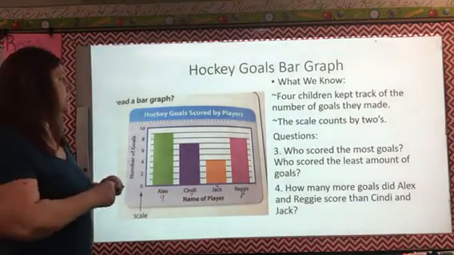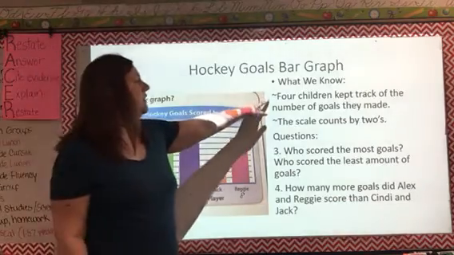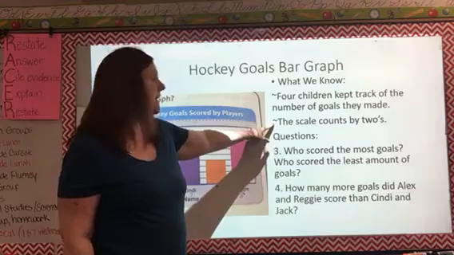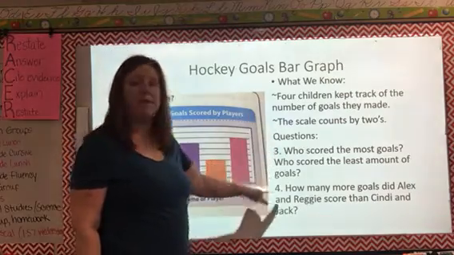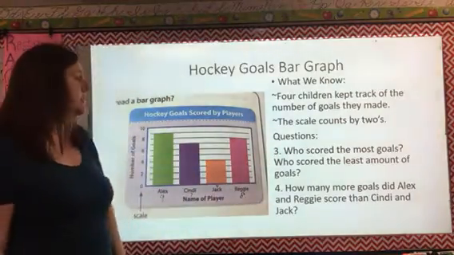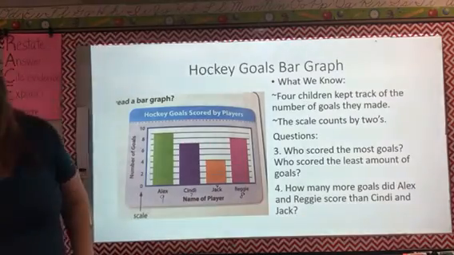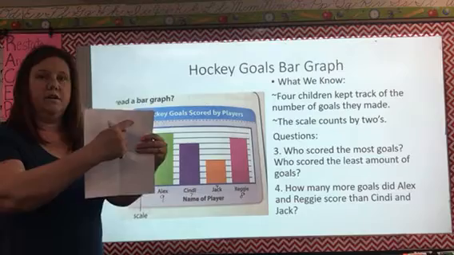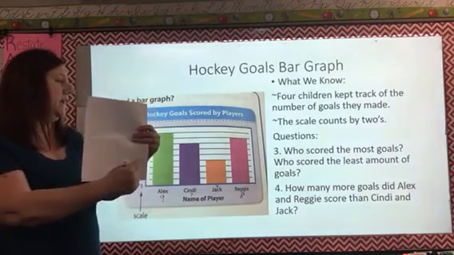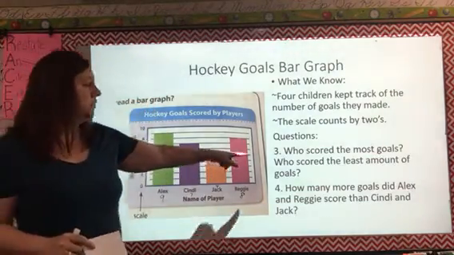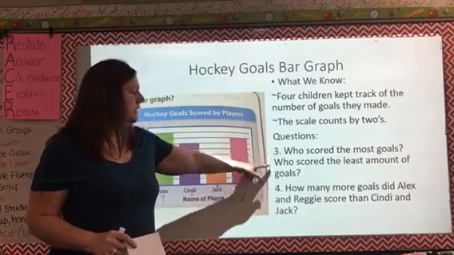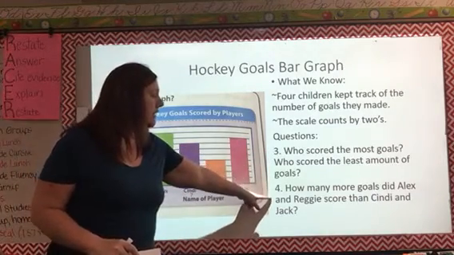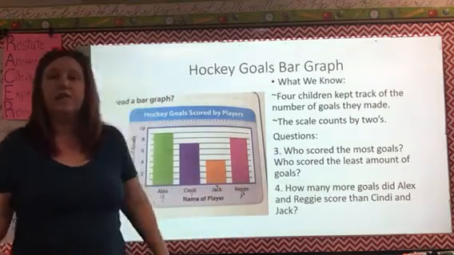Okay, so let's look at what we know. 4 children kept track of the number of goals they made. The scale counts by 2s. So now I'm going to give you time to answer some questions about this bar graph on your paper. Okay, so you have on your paper 1 and 2 right here. Now you're going to do 3 and 4 right here. Who scored the most goals? Who scored the least amount of goals? How many more goals did Alex and Reggie score than Cindy and Jack?